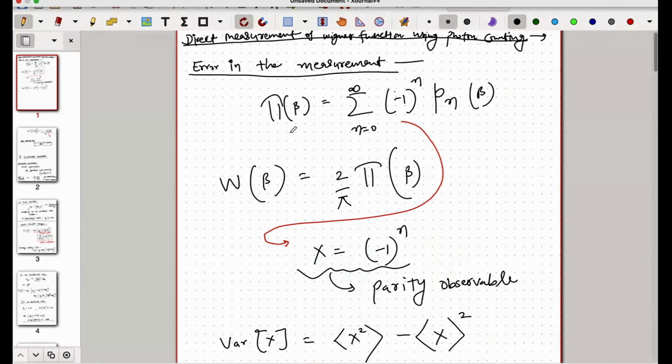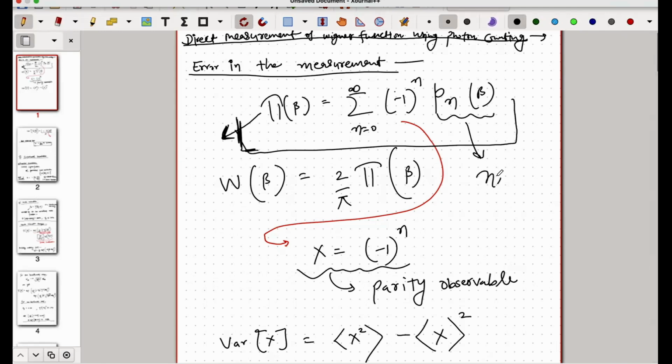So I'll first briefly discuss the part that my teammates have discussed. This is the parity measurement, the parity probability distribution that we are detecting at the detector, and P_n(β) is the number of photons detection distribution, and so one can see it like a density matrix with the parity operator here.